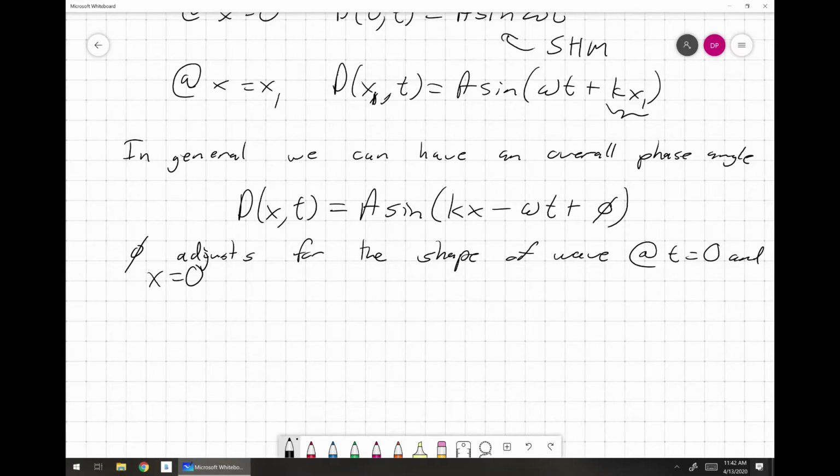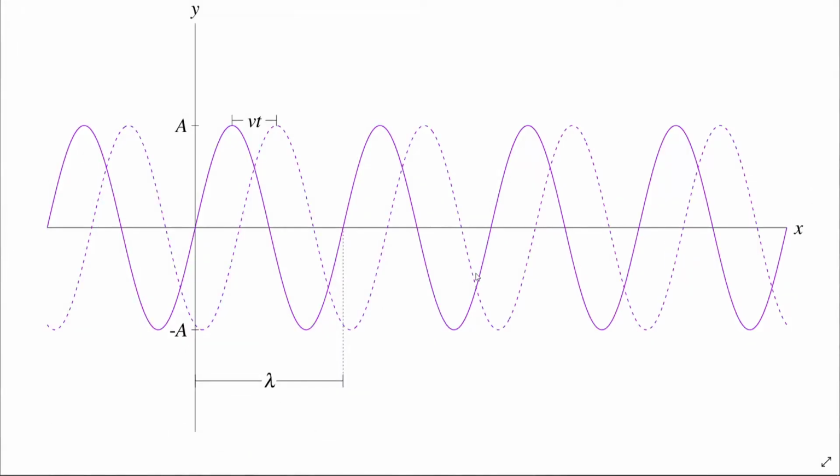And so if we go back again to our simple little diagram here, this solid curve, if that was at our t equals 0, which is what we said it was, our x equals 0 value is also 0. And so that would give us a phase angle of 0.